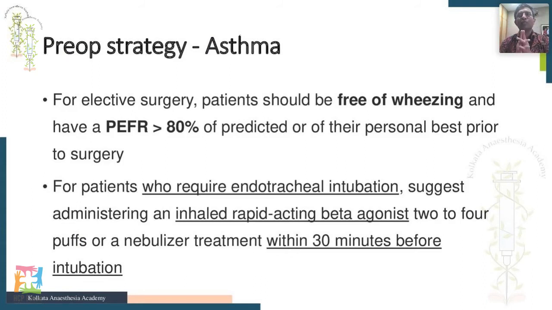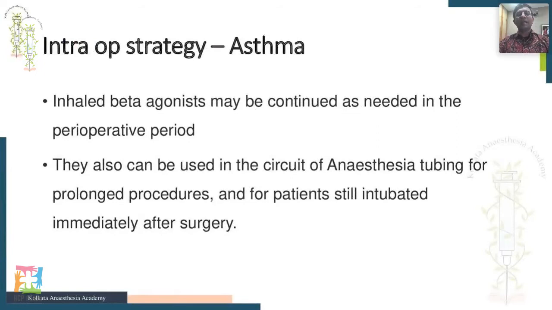So the pre-op strategy, I think one clear guideline is they should be free of wheezing before they come in for surgery. And if they require endotracheal intubation, they should get an inhaled rapid-acting beta agonist bronchodilator 30 minutes prior to intubation.